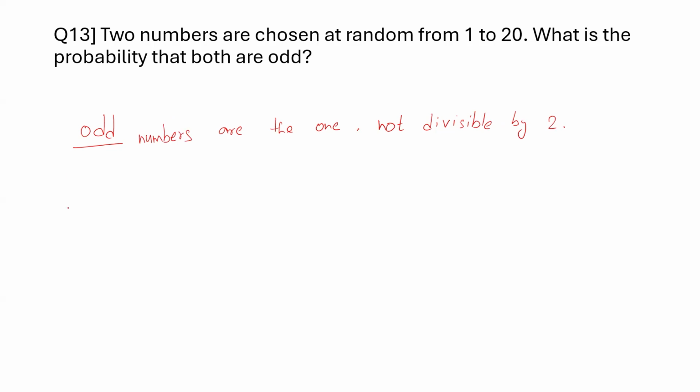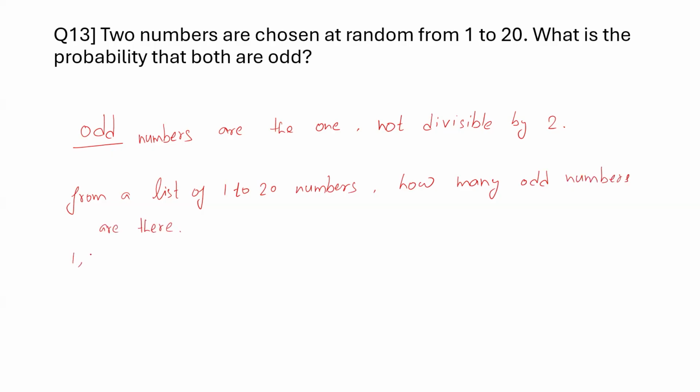Now, from a list of 1 to 20 numbers, you just have to see how many odd numbers are there, right?